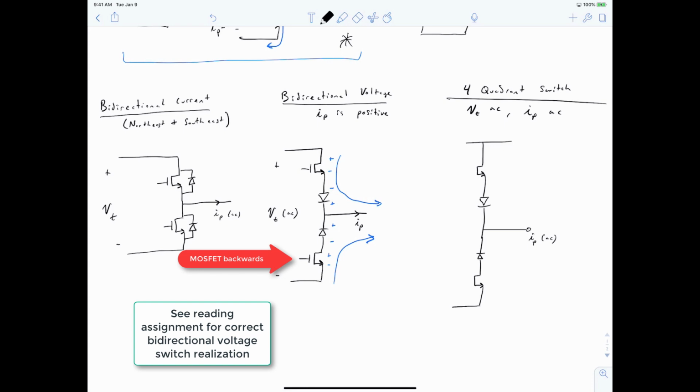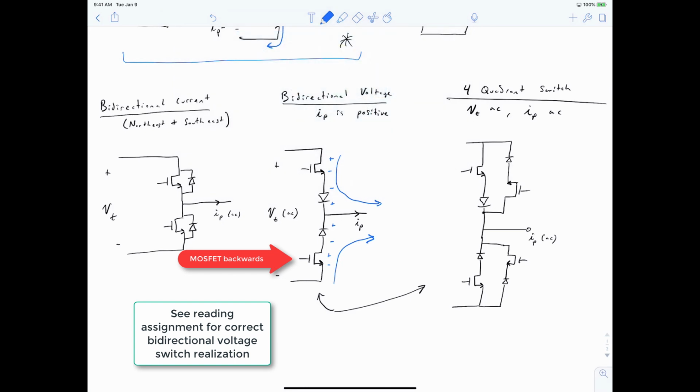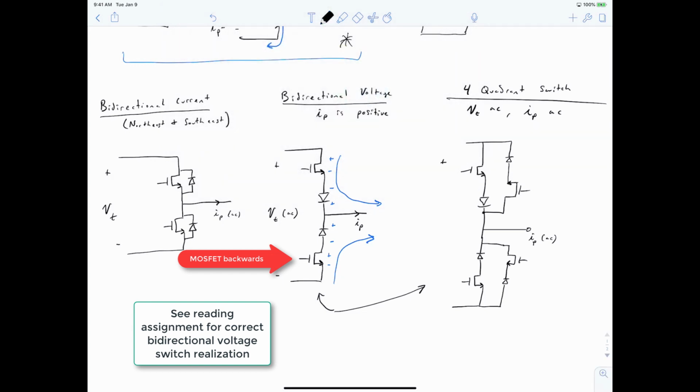So you see right now we've taken this diagram and we've sketched it over here, and now we will put a diagram in parallel with it that allows current to flow in the opposite direction. And again, with some effort we can reconstruct our current paths and identify that we were able to block this bidirectional throw voltage.